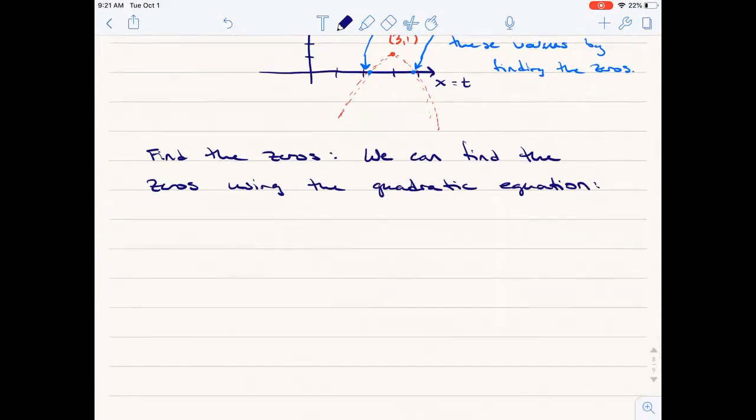Which says that x, the values of these x, are going to be negative b plus minus the square root of b squared minus 4ac over 2a. We worked with this one already, where we had to find the zeros.